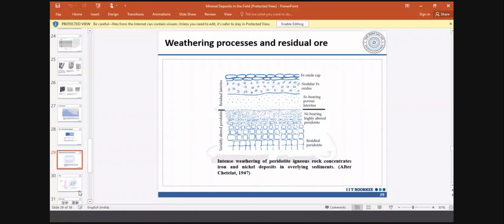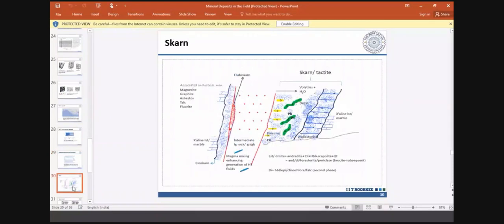This is called skarn type of deposits. Basically, skarn is an impure rock. Mostly what happens is when sedimentary rocks carry a lot of calcium, limestone, and there is igneous intrusion, for example, this one, it's an intrusion, intermediate igneous rock.